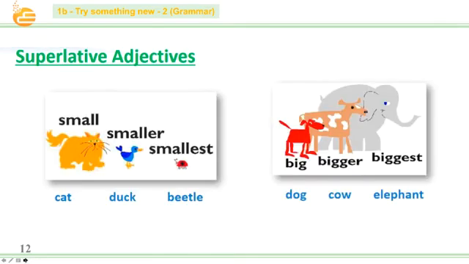Okay, let's elaborate. Superlative. Not two things. You have one, two, three. You want to compare between three, more than two. Okay? We have the cat, the dog, and the beetle.